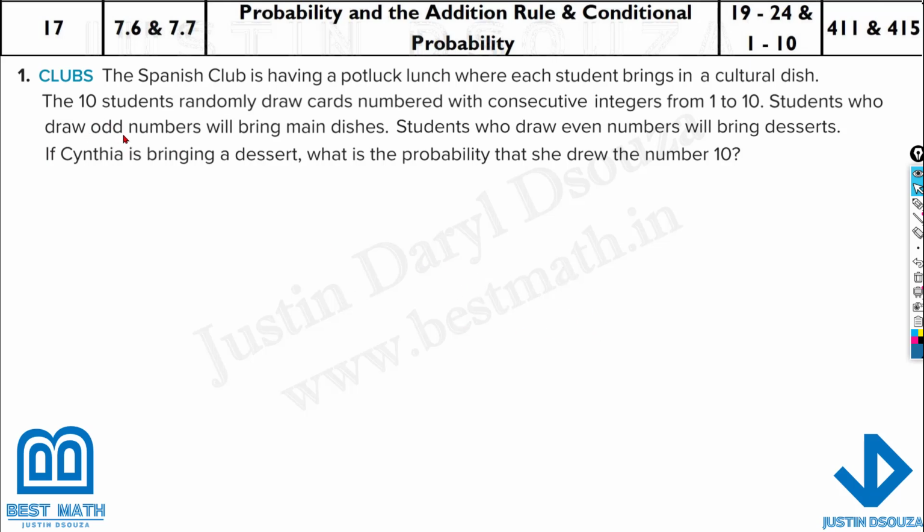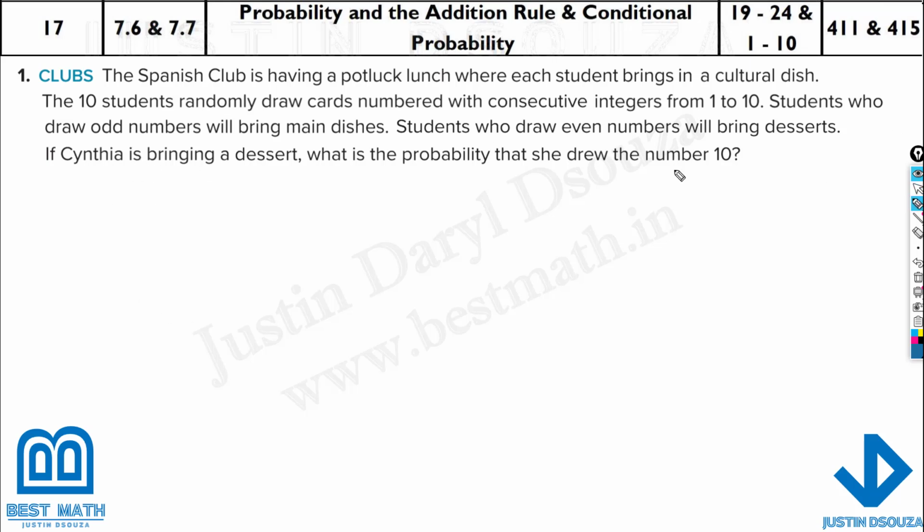If you get odd numbers like 1, 3, 5, 7, 9, you bring main dish. Whereas the students who draw even numbers, that is 2, 4, 6, 8, 10, will bring desserts. If Cynthia is bringing dessert, what is the probability that she drew the number 10?